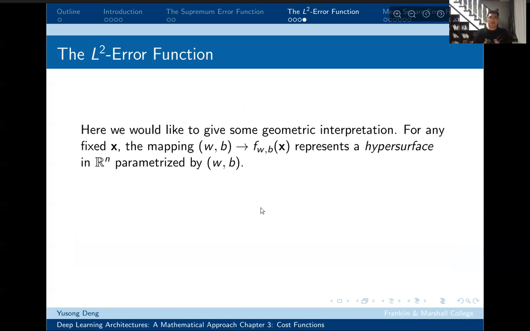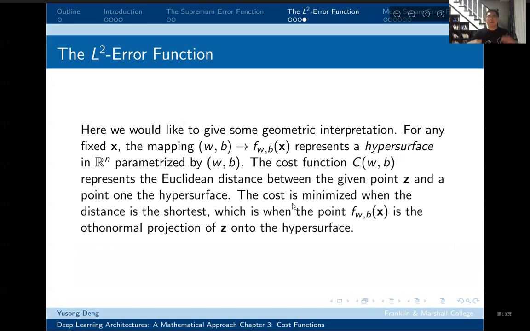And I would like to give some more geometric interpretation of that. For any fixed vector x, the mapping from WB to fx represents a hypersurface in Rn that is parametrized by WB. And the cost function represents the Euclidean distance between the given point Z and a point on the hypersurface. Sorry, that is not on this hypersurface, it's on the hypersurface. It's really easy to make a typo.